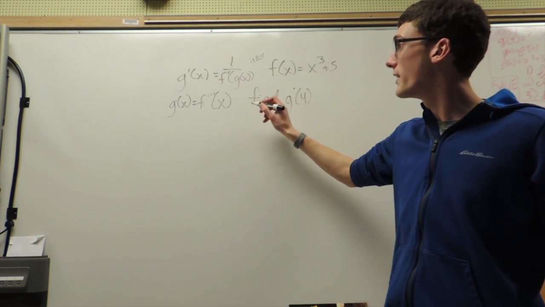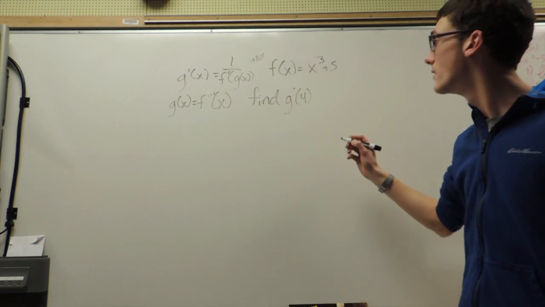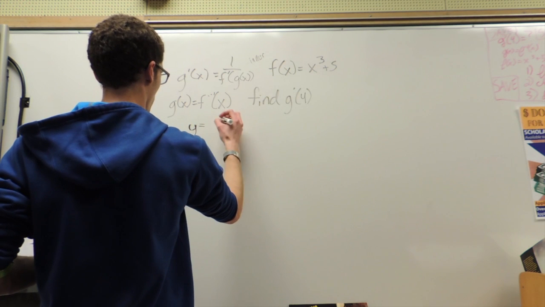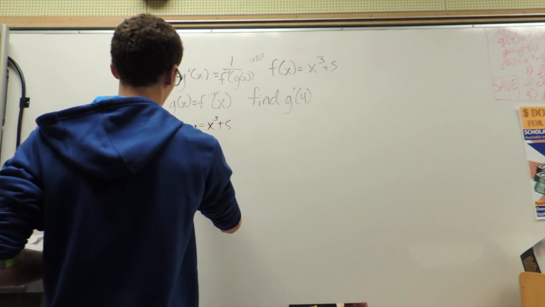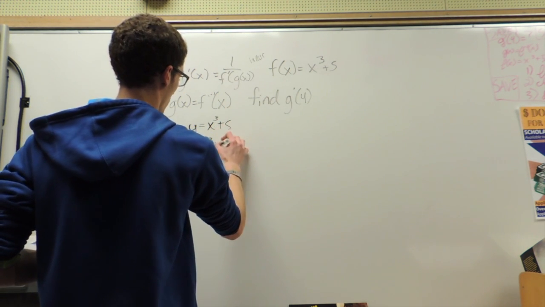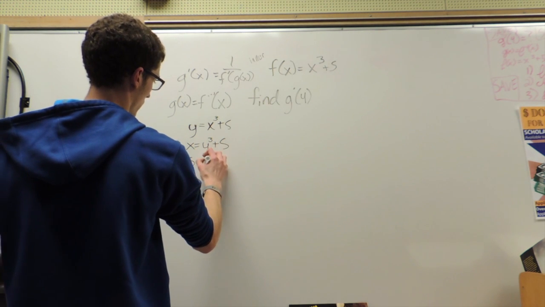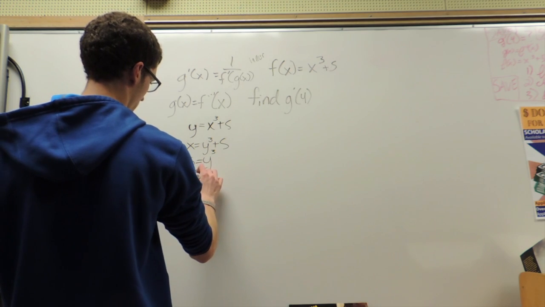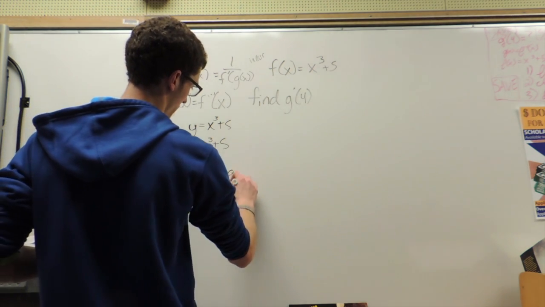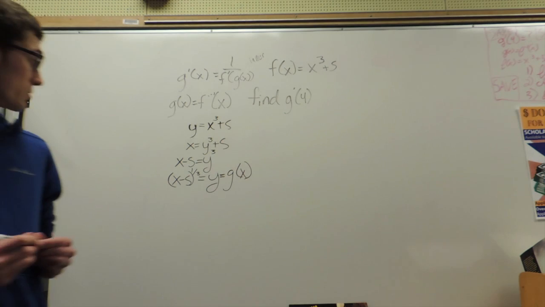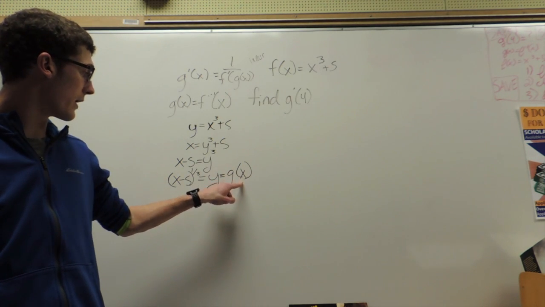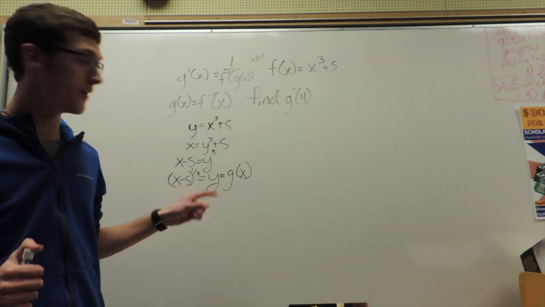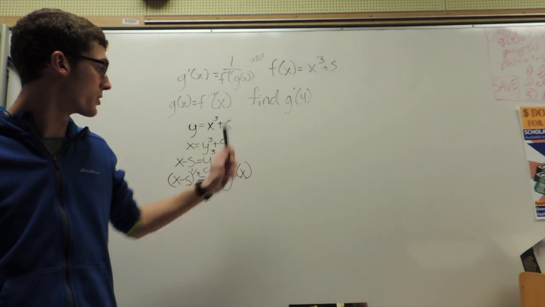So to do that, we have to take the inverse of f of x. So now we have just found the equation for g of x, which is x minus 5 all to the 1/3. So now we have to plug in 4 for where g of x is.